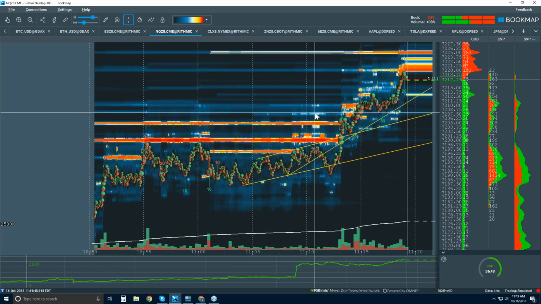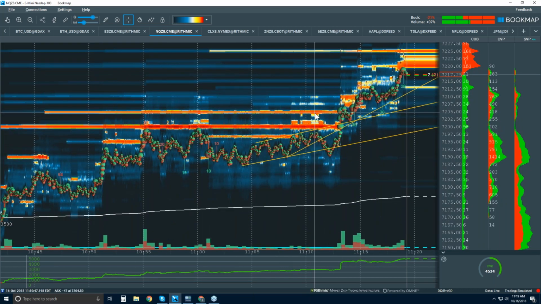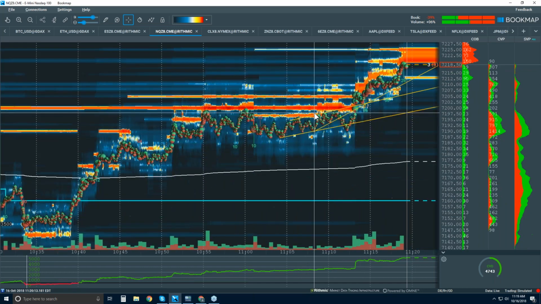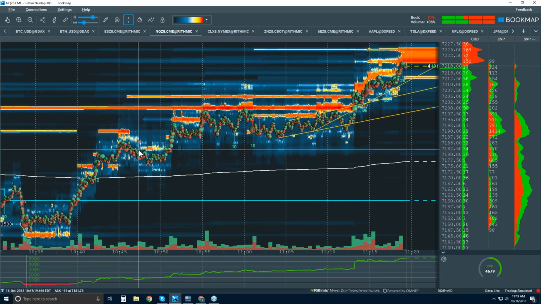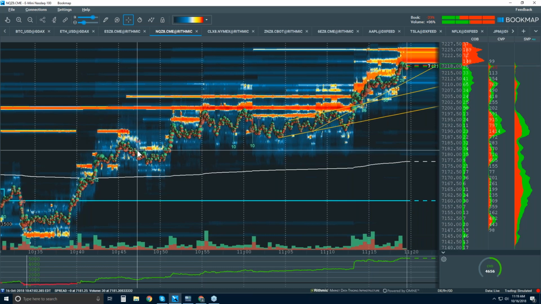All right, let me see if I can find an example of what we saw on that hour chart, and then use the same analysis here on much smaller or lower time frames.